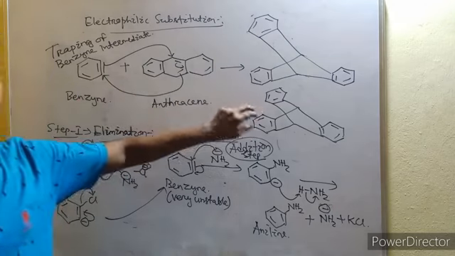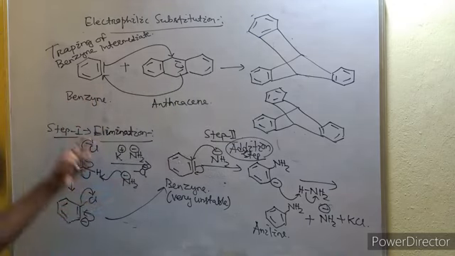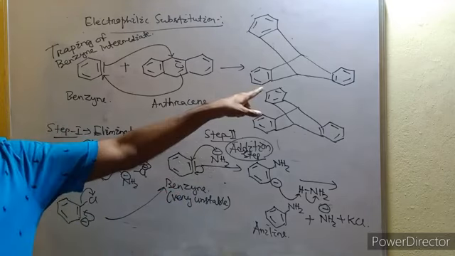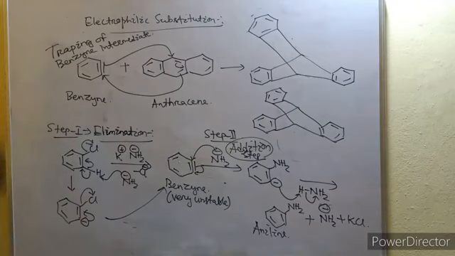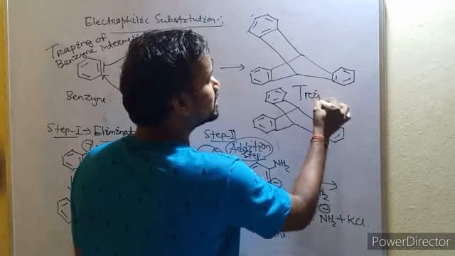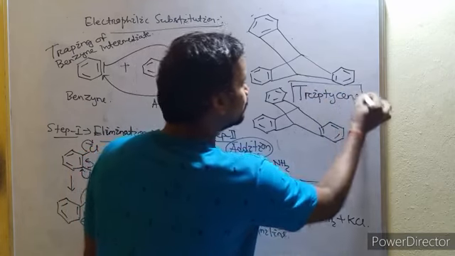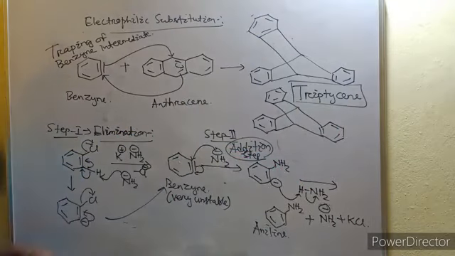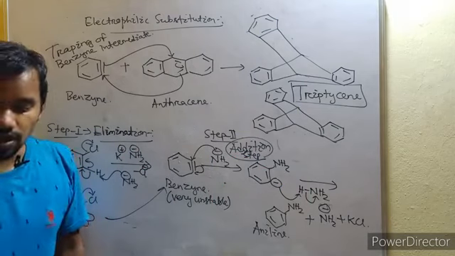If this is formed, then only you can say this reaction is going through benzyne. So this compound has a famous name. Its name is triptycene. What is the name of this compound? Triptycene. Very famous compound. You will get this compound only when benzyne reacts with anthracene. Clear?